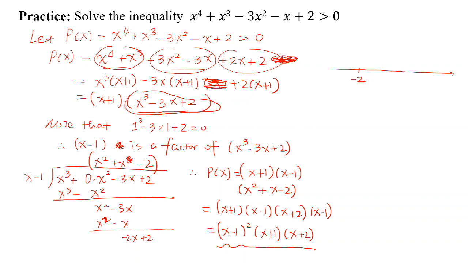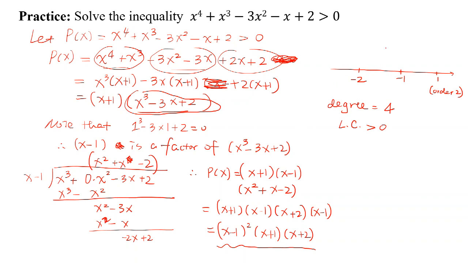The zeros are minus 2, minus 1, and 1. And 1 has an order of 2, right? Also note that this function has a degree of 4, and the leading coefficient is positive.